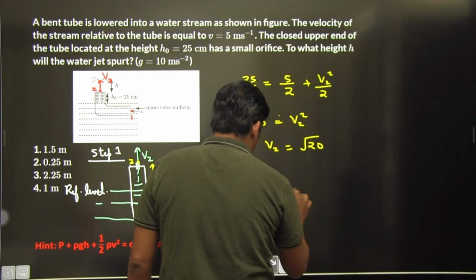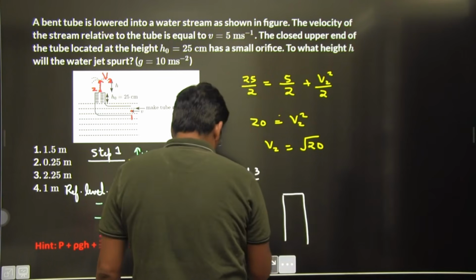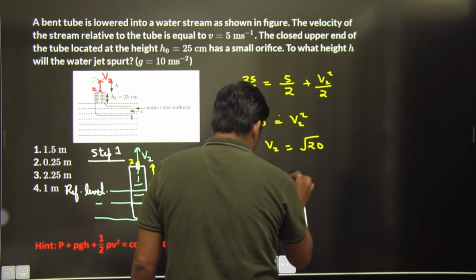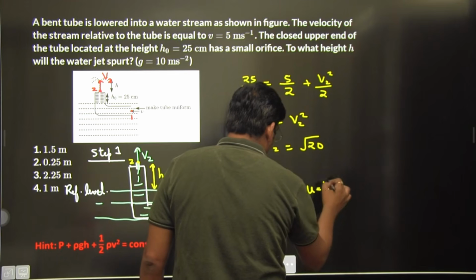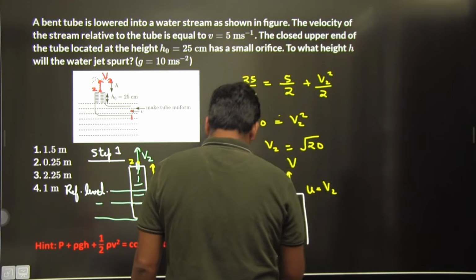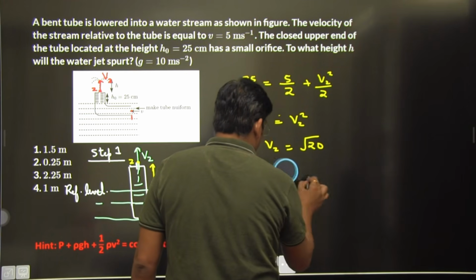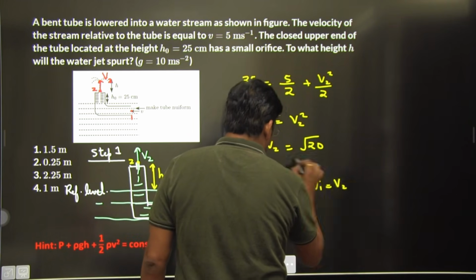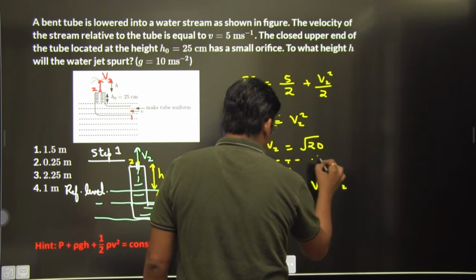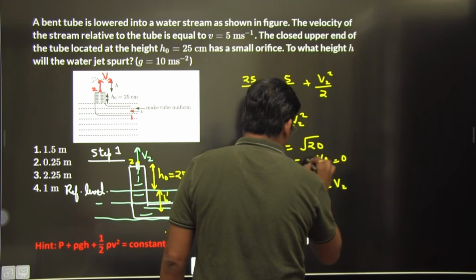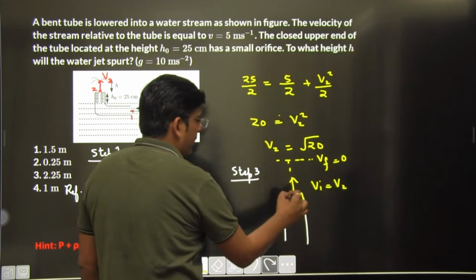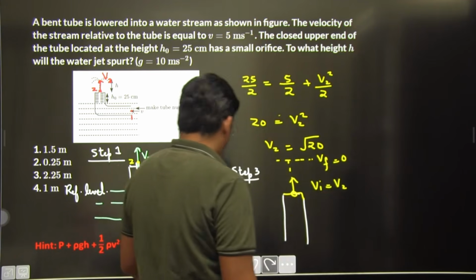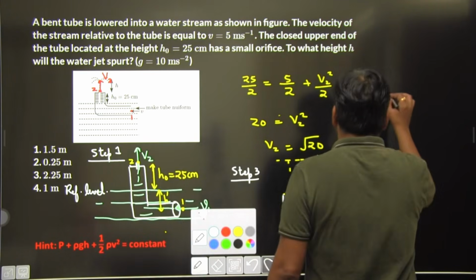We have the initial velocity as v2, and the final velocity will become 0 when it rises to the maximum height. Now let us use the equations of motion.